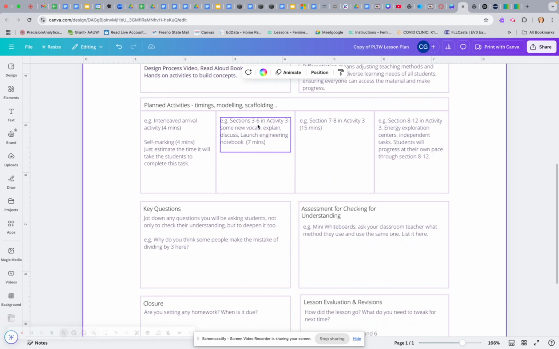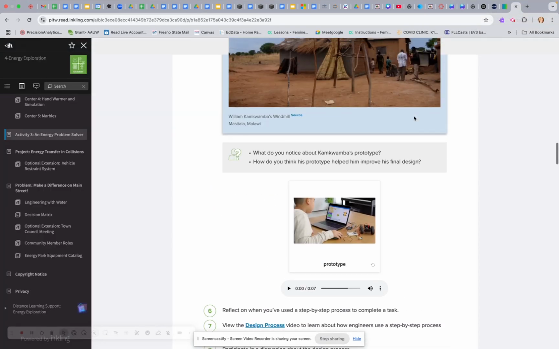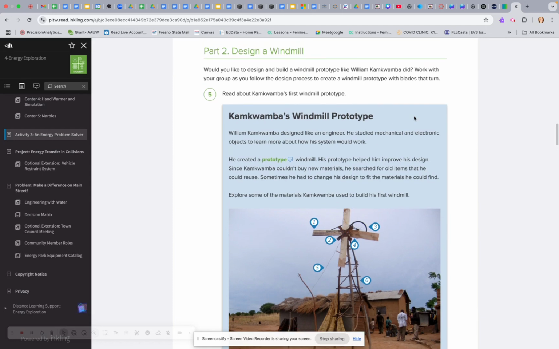When you're just moving on to the planned activities section, this is just you listing out what you're doing throughout that day, how much you think you're going to get done. And again, I'm referencing activity 3 from the 4th grade unit. So if, say I was in the middle of the unit, like here, this is, I left off last Wednesday before this point, and this is my starting point for the March 12th date.